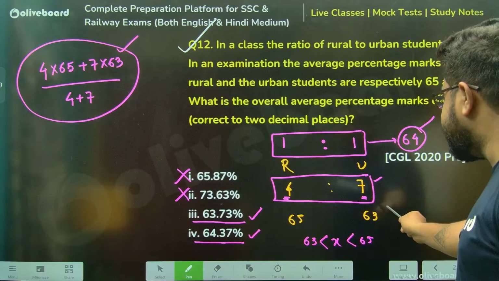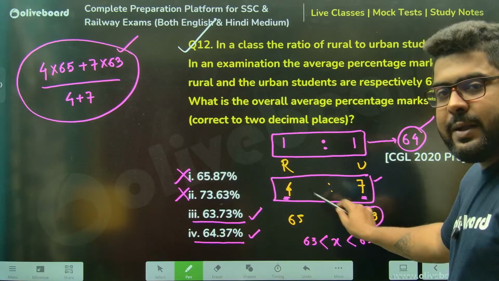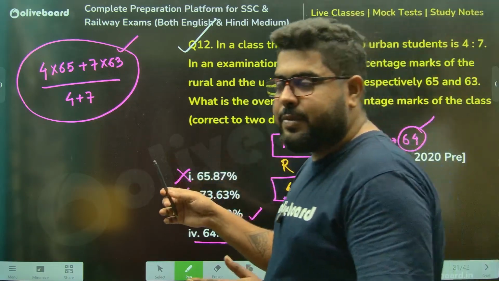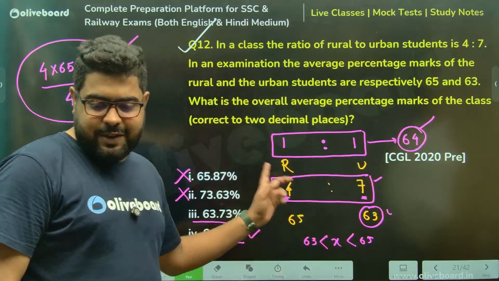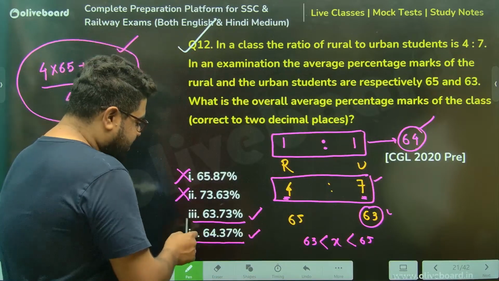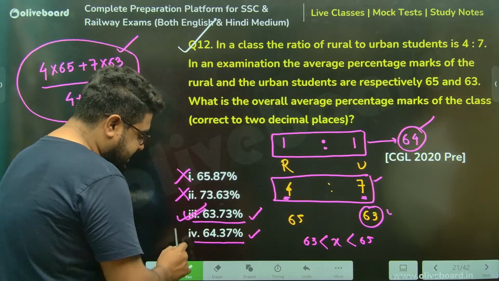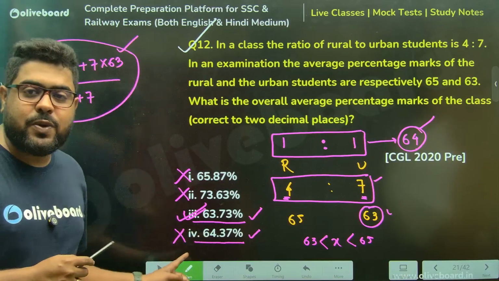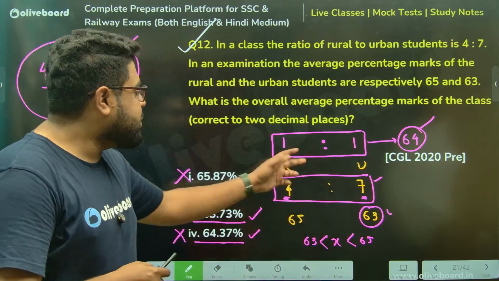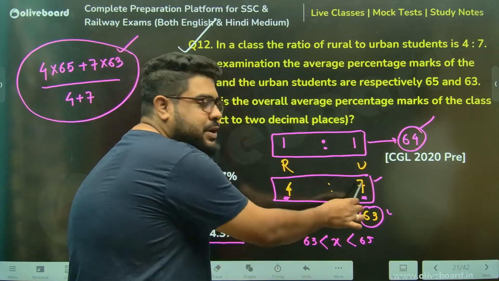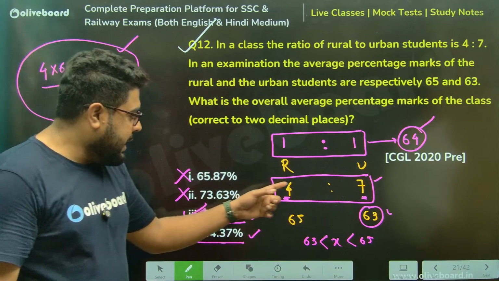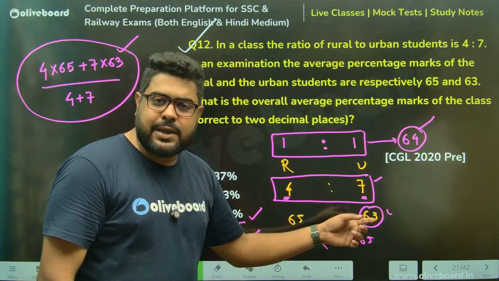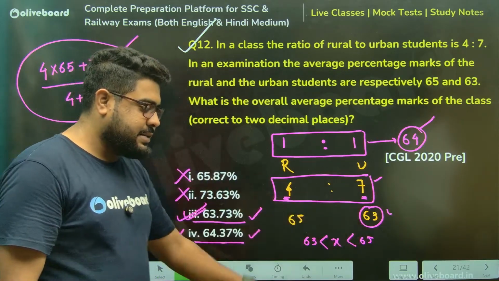That average is 63, so my answer will be somewhere between 63 and 64, not 65. Out of these two options, only this is correct. This is not, because it is tilted towards the opposite side. If the ratio was opposite, 7 here and 4 here, then I would have marked this as the answer. But it is tilted towards 63, so I will mark that as my answer.